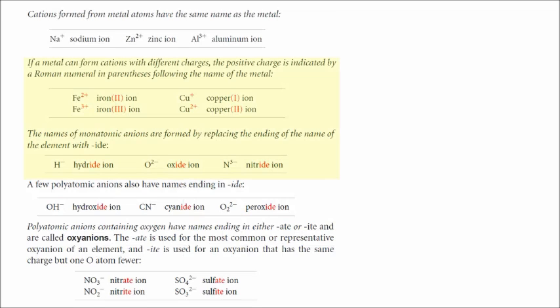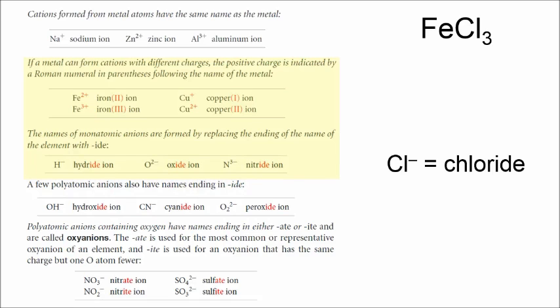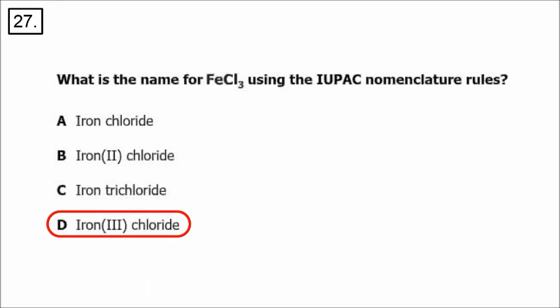Now, the name of iron has to have a Roman numeral because it can form more than one charge. But the name of the chlorine atom becomes chloride. So the charge on iron has to be +3 in this case because there's 3 chlorines to go with it. So the answer is iron, Roman numeral 3, chloride.